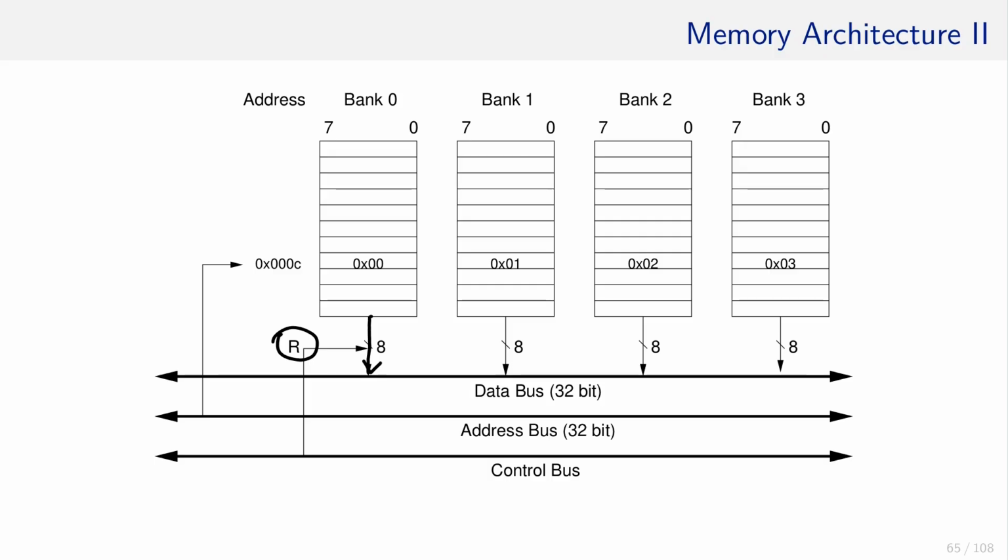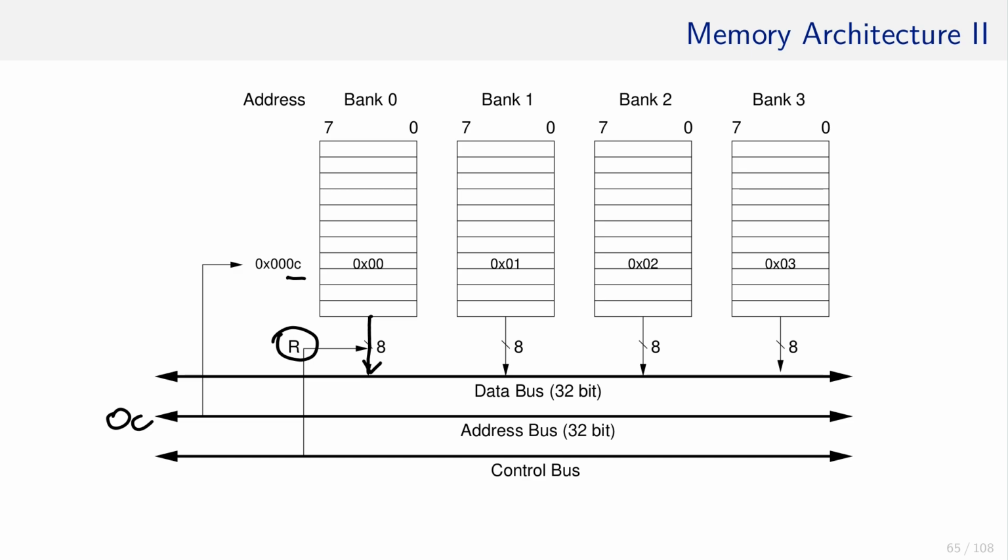For instance, to read data from the fourth address from the bottom, the address bus will carry the value 0C. Third, clock the memory. After the clock, the data stored in the banks at the desired address will be available on the data bus.